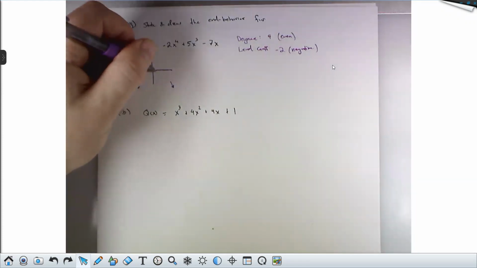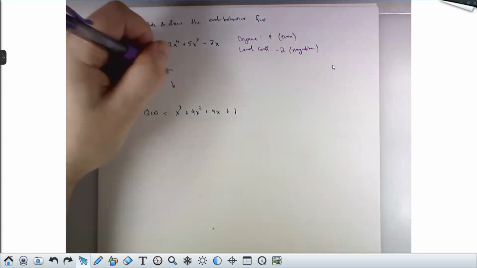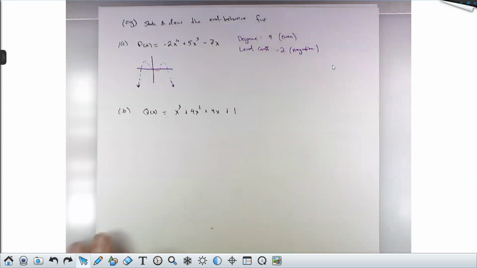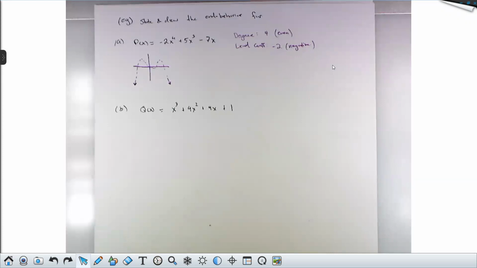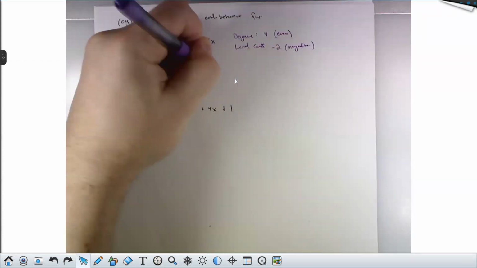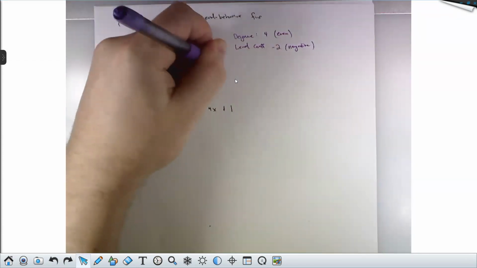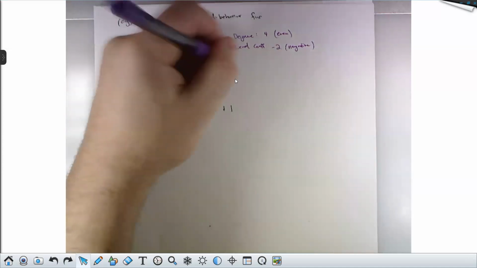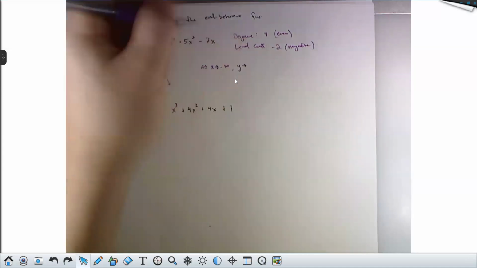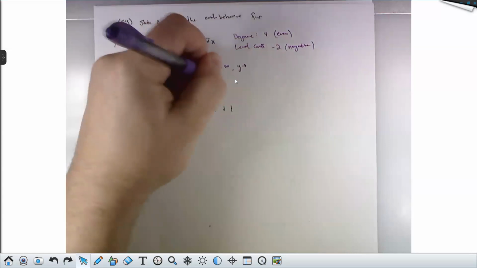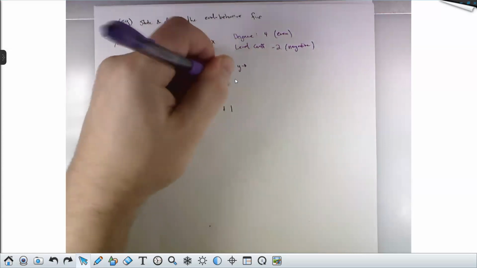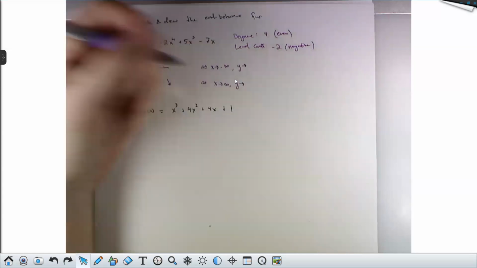This thing could look like a whole basket of crazy in between. I don't know, but I do know it has those sort of end behavior arrows. And then if I wanted to describe this in the goes to notation, as x goes to negative infinity, y goes to somewhere, and as x goes to positive infinity, y goes to somewhere.